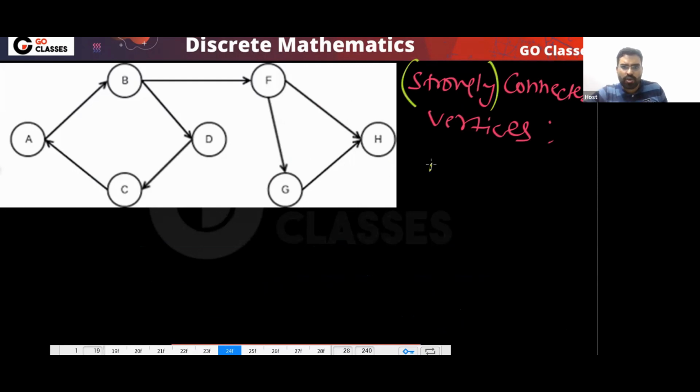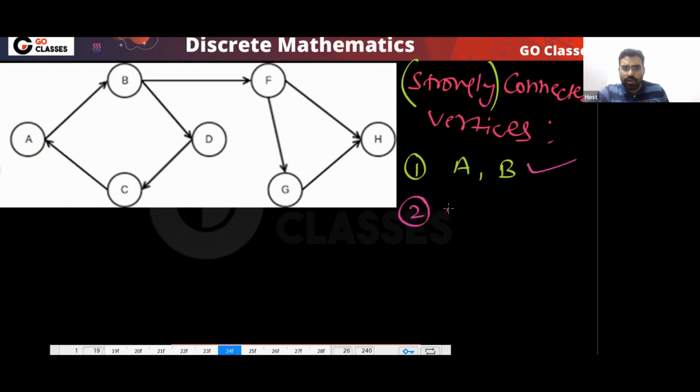Can I say vertex A comma B are connected? You can go from A to B. Can you go from B to A? Yes, you can go from B to A. So I can say yes, these are strongly connected.